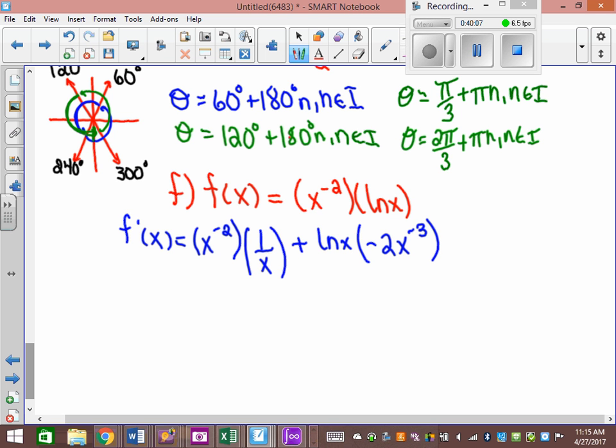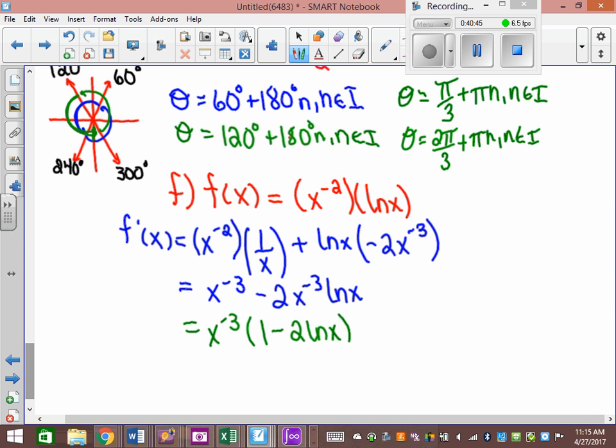Now, if we combine x to the negative 2 times 1 over x, what is it actually? x to the negative 3. Minus 2x to the negative 3 ln x. What can I take out of them? Yes. When I take an x to the negative 3 out of x to the negative 3, what do I get? Yes. 1 minus 2 ln x.